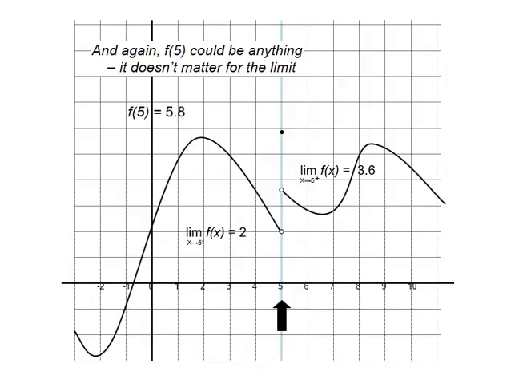F of 5 could equal 5.8, the limit does not exist. F of 5 could be any value, and the limit does not exist. And f of 5 may not exist, and the limit does not exist. This does not have to do with the fact that f of 5 doesn't exist. It simply means that the limit from the left and the limit from the right are not the same.